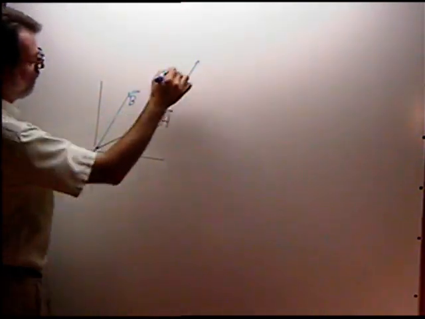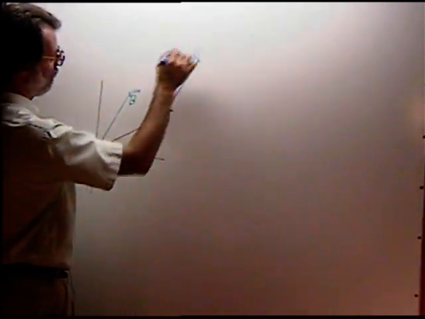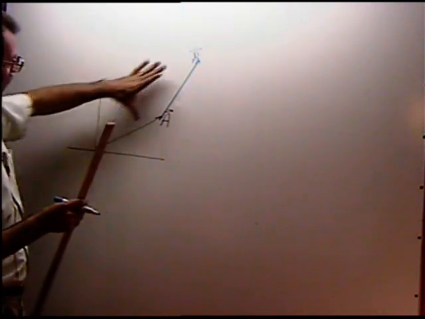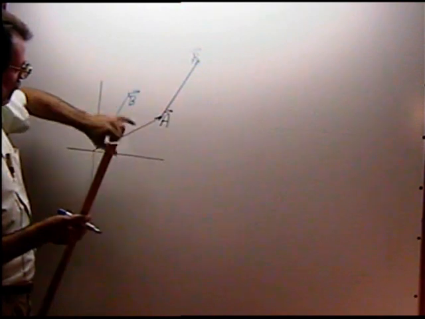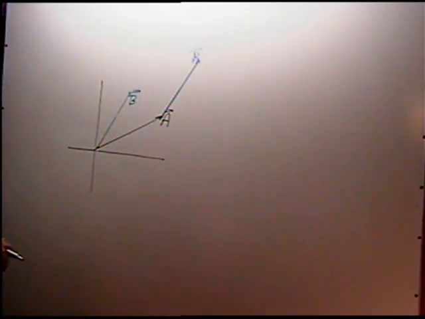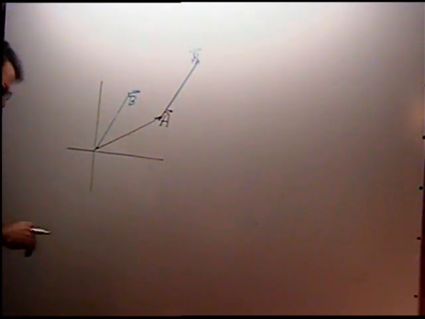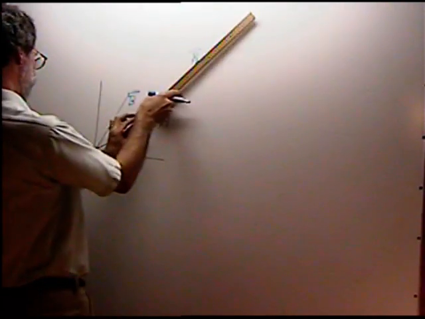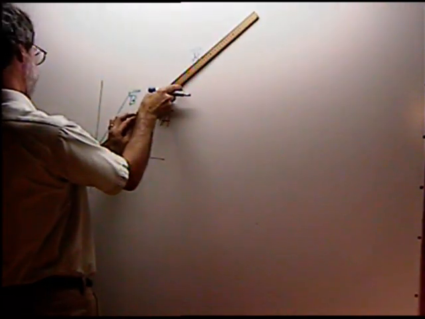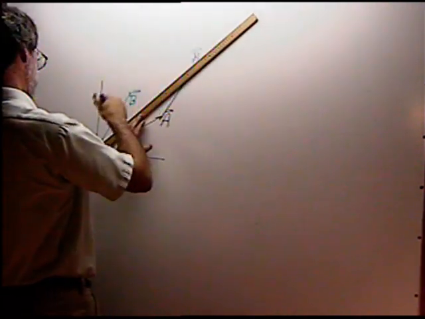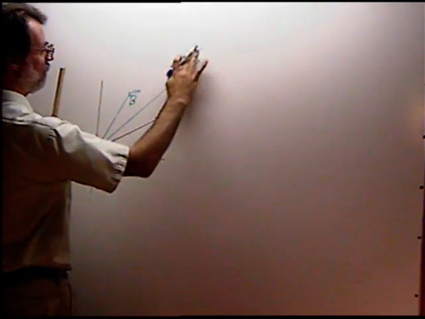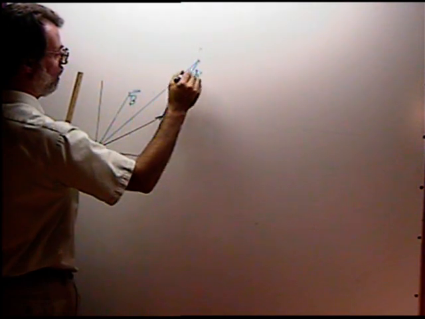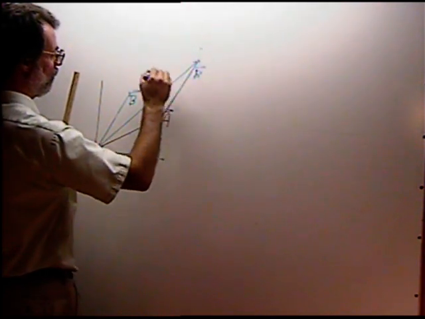Now this is vector B. I just slid it up, and I put the tail of B to the head of A. And then I draw my new vector. My new vector goes from the tail of one to the head of the other. So this vector is B, and my new vector is this one, C.